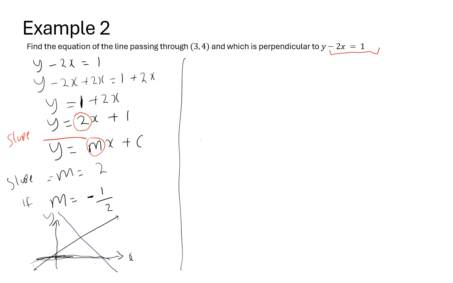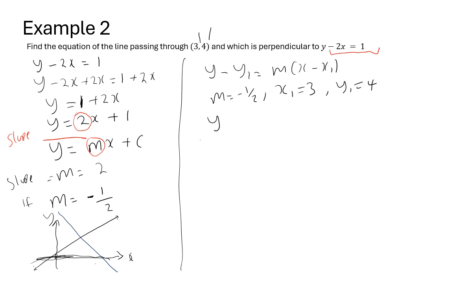So we write our formula, y minus y1 is equal to m times x minus x1. So here we are given our m, which is minus 1 over 2. Then x1 is the first coordinate, which is 3, and y1 is the second coordinate, which is 4. Then we can just substitute here.